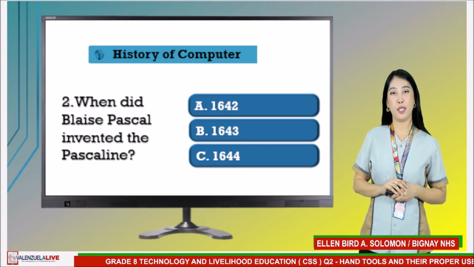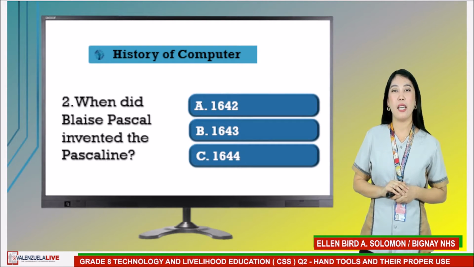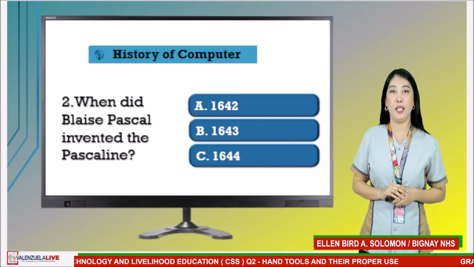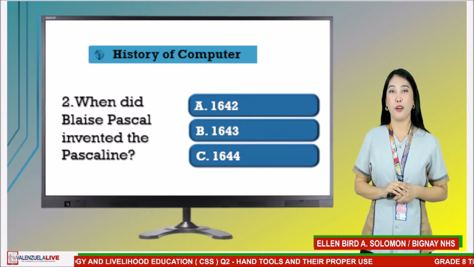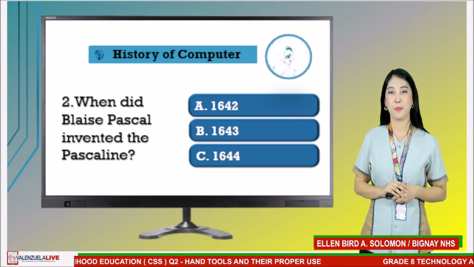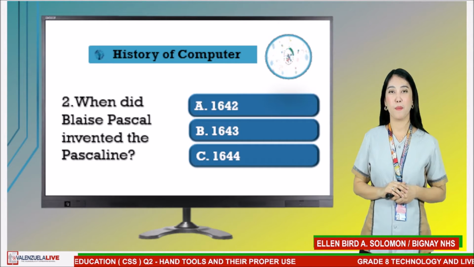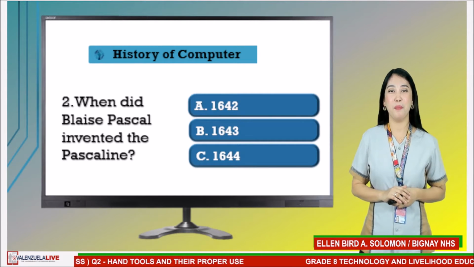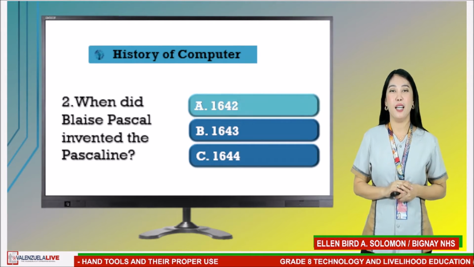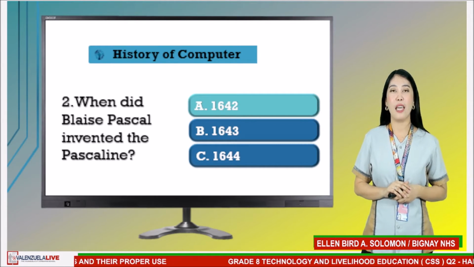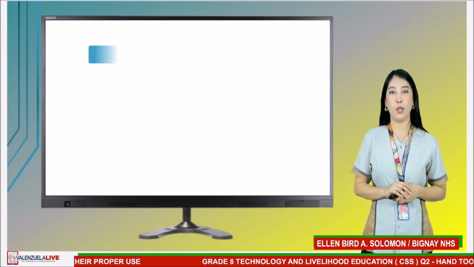A. 1642, B. 1643, or letter C. 1644. Your 5 seconds start now. Okay, time is up. The correct answer is letter A, 1642. Good job. Let's have the third one.